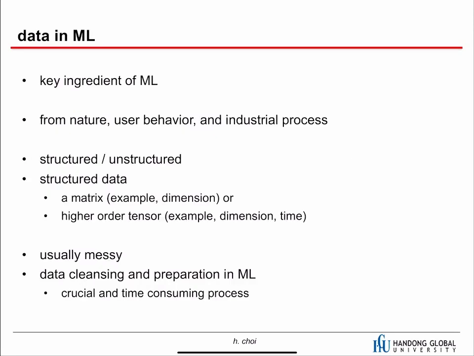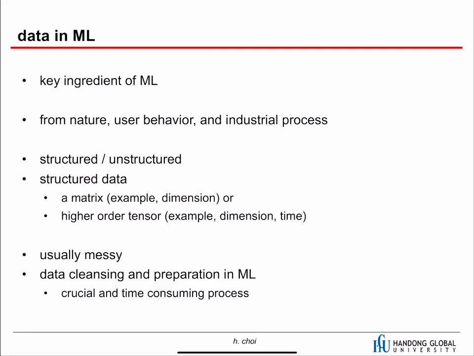Let's talk a little more about data in machine learning. Data is actually the key ingredient of machine learning. As I said, the data can come from nature, user behavior, or industrial processes. So there are so many various resources, and it could be structured or unstructured. If it is structured, then you can have this data as a matrix or tensors.